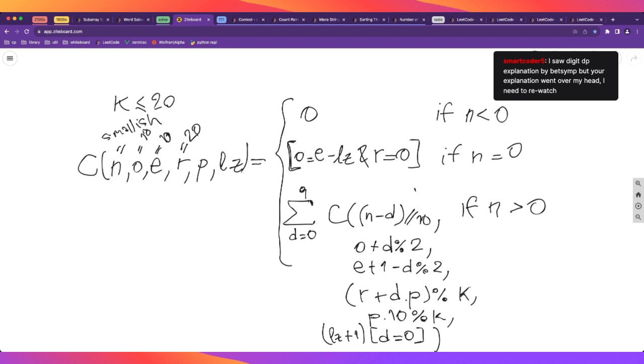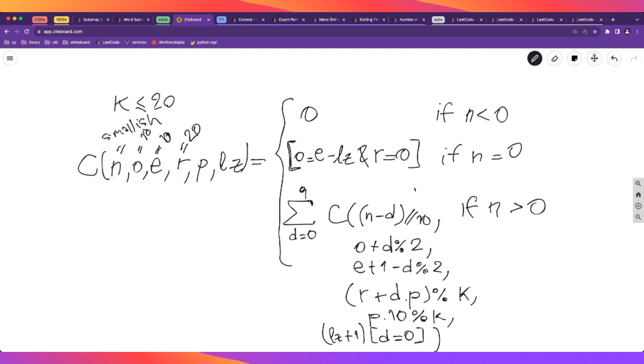I saw digit DP explanation by BetSimp, but your explanation went over my head. I need to rewatch. Yeah, I didn't dive too deep. There are better problems to explain the technique, because this one required keeping track of a lot of things. I mean, it has 6 parameters.